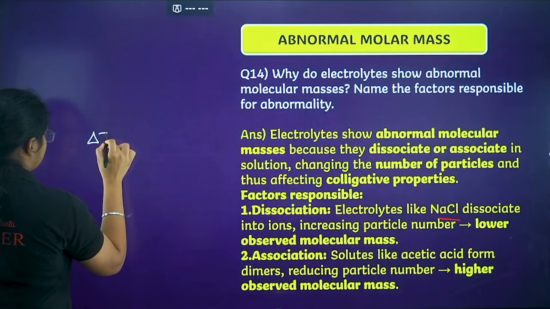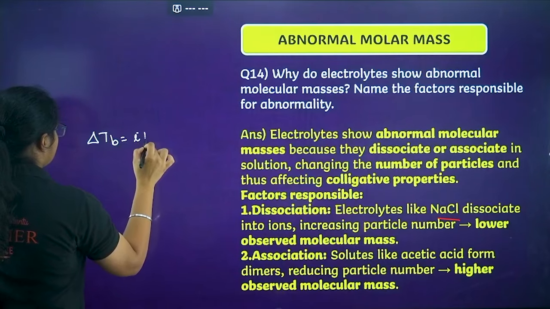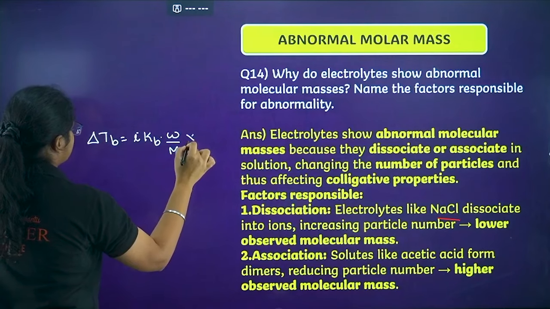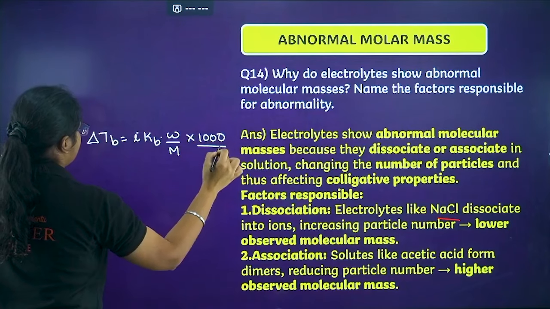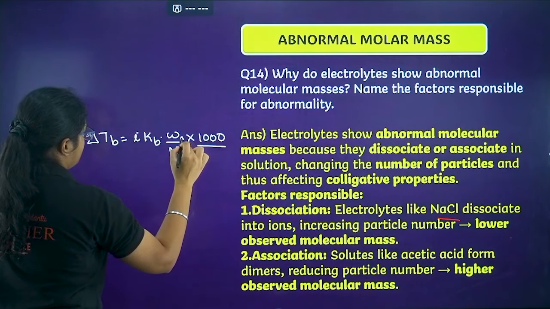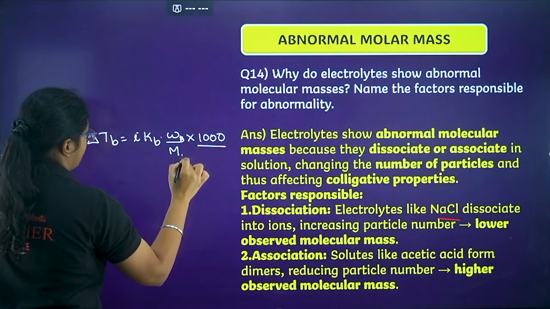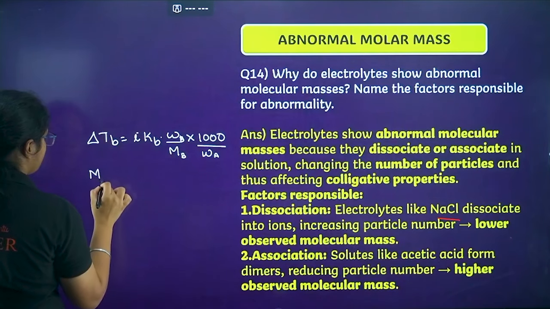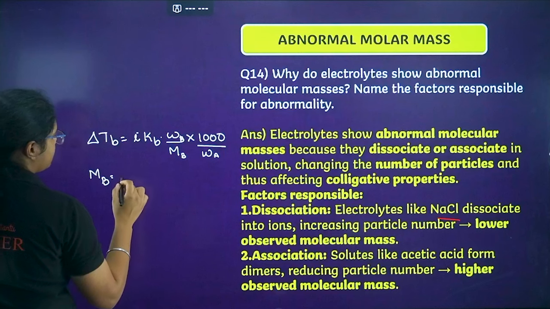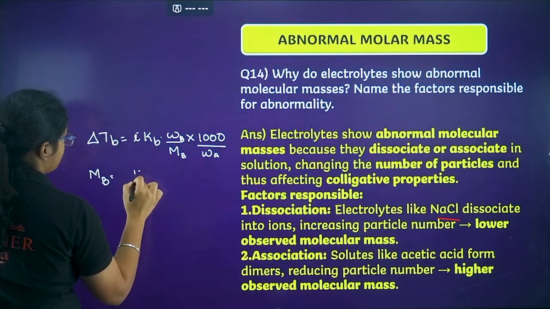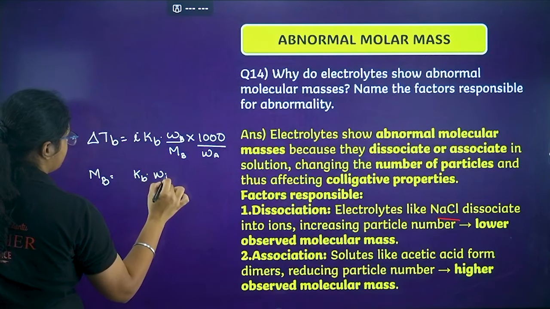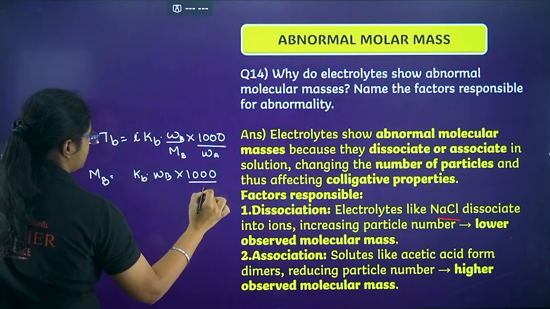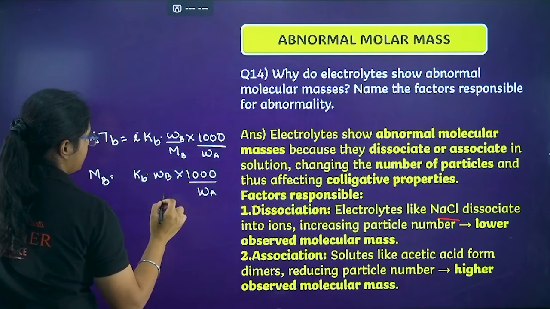Let us take delta Tb, which is equal to i into Kb into given mass by molar mass into 1000 by mass of the solvent, that is, Wb, Mb and Wa, right? Now what is the formula for molecular mass Mb? If I want to calculate molecular mass, it will become Kb into Wb into 1000 by Wa, right?